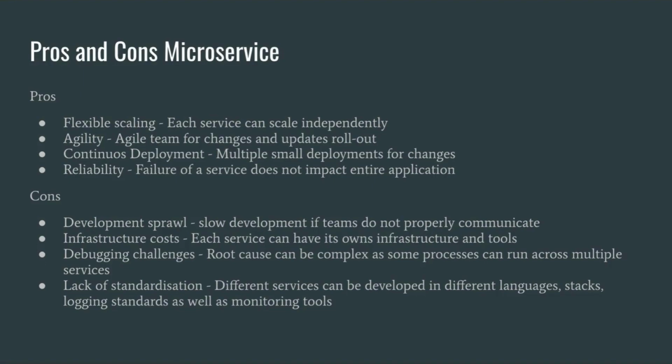And then on the cons, we have development sprawl. So basically, development sprawl is slow development if the team does not properly communicate. So this requires a lot of, let's say, stand-ups, team meetings, technical impact analysis, system analysis, and all of those.